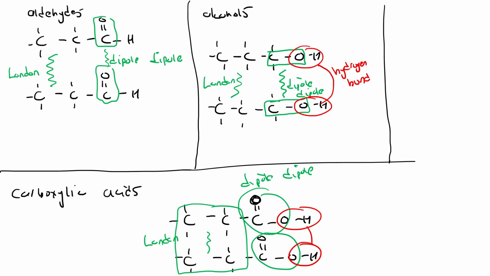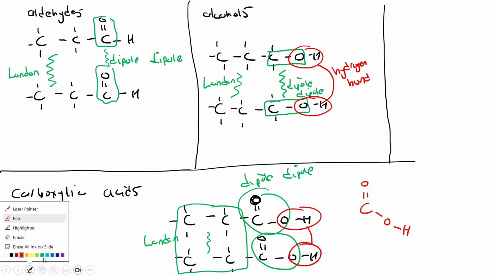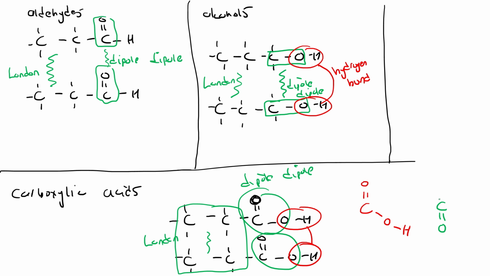If I draw a carboxylic acid a little bit different, so if I put a carboxylic acid like this, and like that, and then I put another one, let's put this one like that, and like that. And then you could imagine it would have the rest of its molecules going whatever.